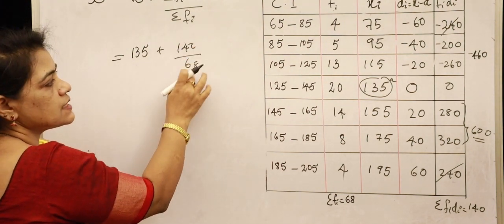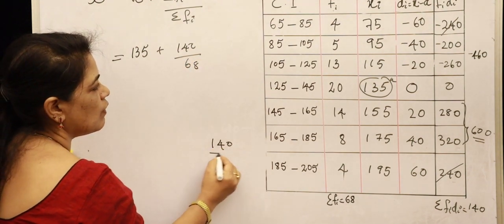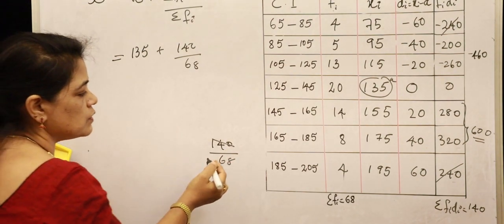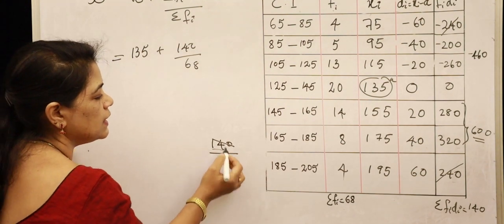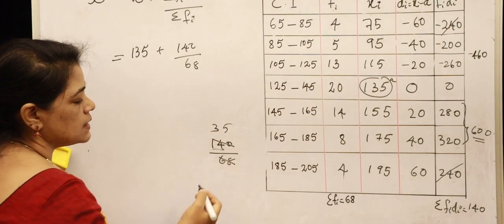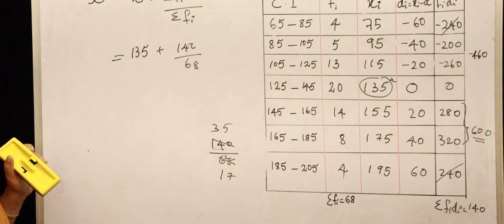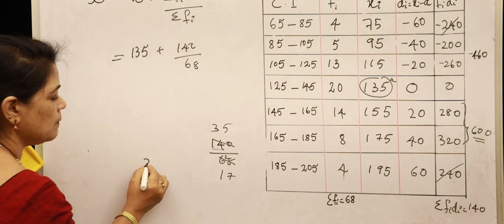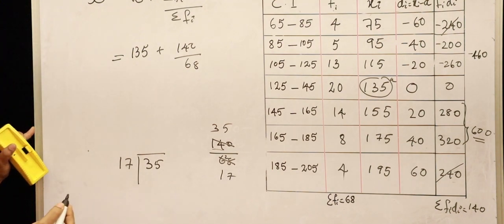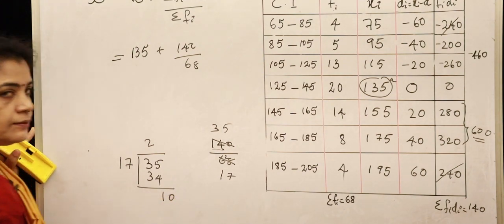Since 140 and 68 are the multiples of 4, you can divide with 4. The divisibility test of 4 everybody knows, and 4 in 14, 3 times and 2, 25. Here that is 4 in 6, 1 time and in 28, 17. That is 35 divided by 17. 17 in 35, 2 times 34 and the remainder 1 and in 10.